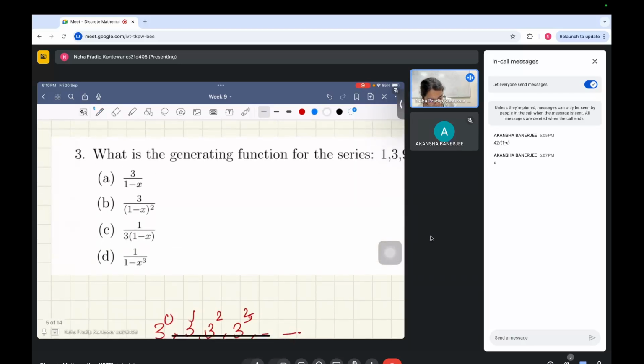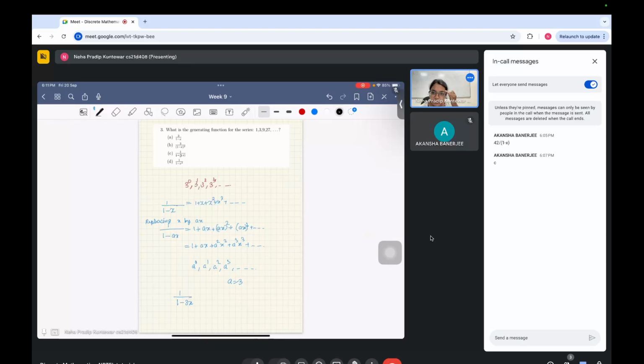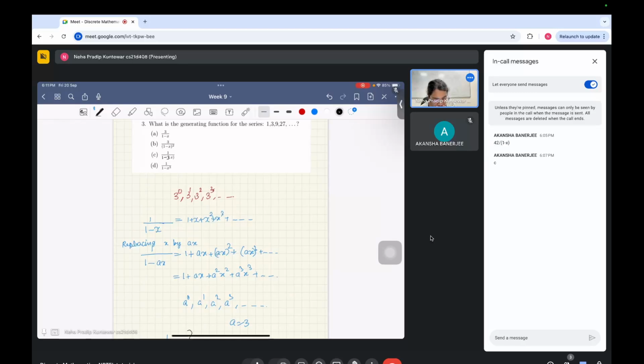Sorry, so maybe I'll change one of them. So I think you might have also gotten the same thing. I don't think it is equal to any of the other expressions there, right?